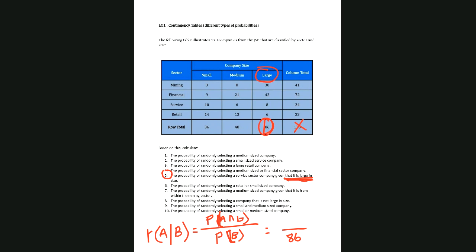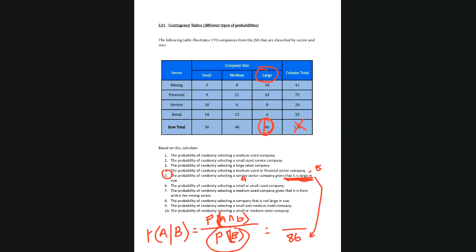Then for our numerator, it says probability of A and B. In this case, we make A the service sector company and B the large company, which ties in with our denominator being the probability of B, the number of large companies.